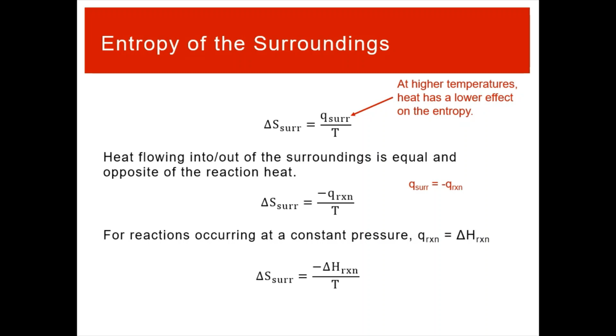And so that tells us that the delta S of the surroundings is equal to the negative delta H of the reaction divided by the temperature. There's that negative because we knew that for exothermic, a negative delta H would lead to a positive delta S of the surroundings because that heat flows out into it. So this is the equation we can always use if we want to calculate delta S of surroundings.